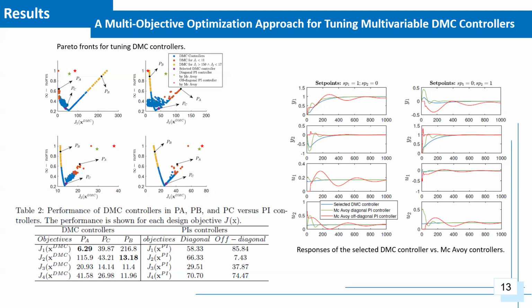Finally, the selected DMC controller is shown in PC, and its performance is compared with the diagonal and off-diagonal PI controllers. It is observed that the DMC controller provides better performance in controlling output Y1 than the PI controllers, as it achieves a shorter settling time and exhibits fewer oscillations.